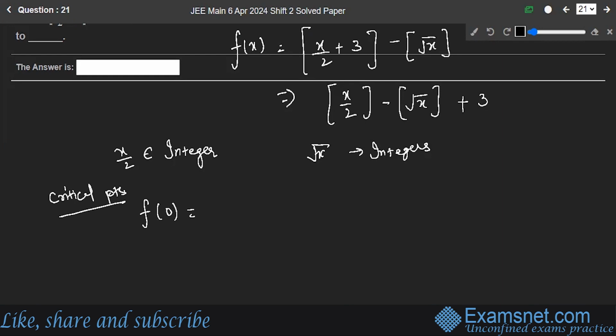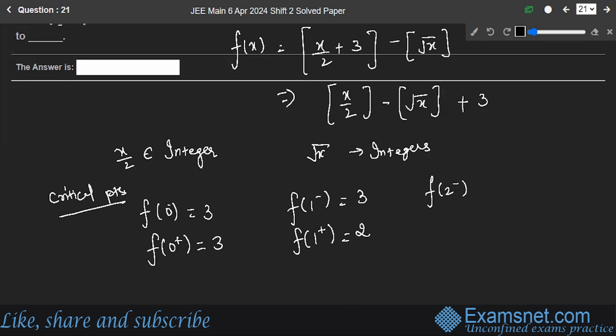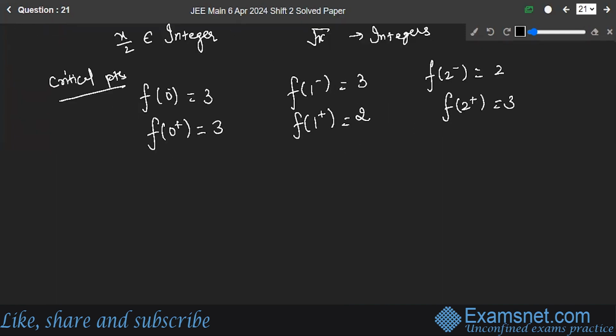f of 0 is equal to 3 and 0 minus actually. So this is equal to 3 and this is also equal to 3. 1 minus, this is 3, and for 1 plus, this will be equal to 2. 2 minus, this will be 2 and 2 plus, this is 3. So f of 3 plus, this is equal to f of 3 minus, right?